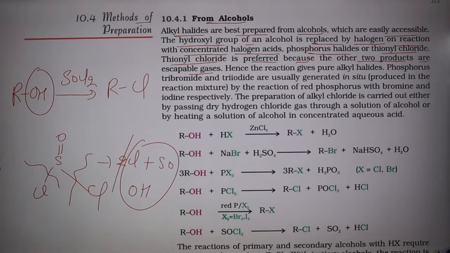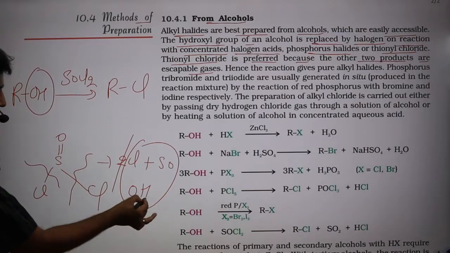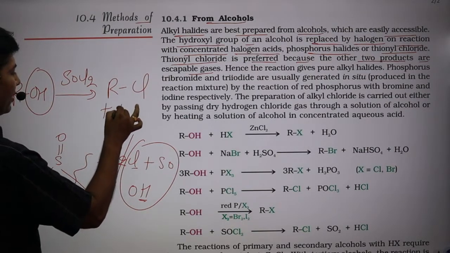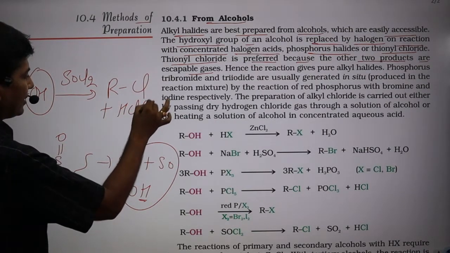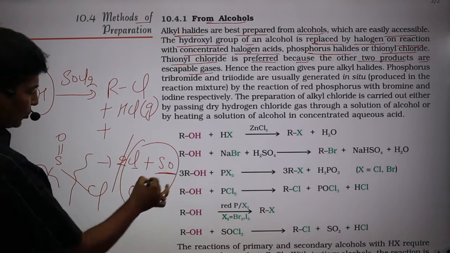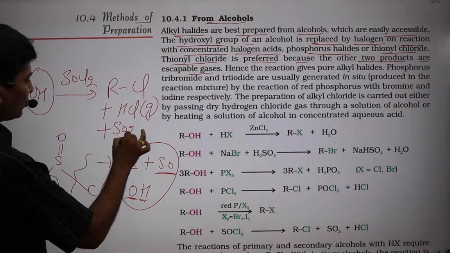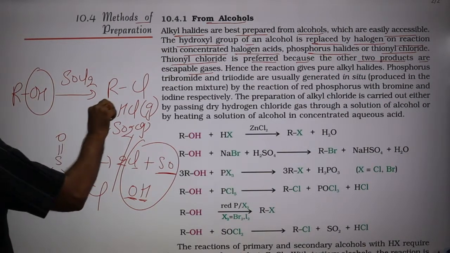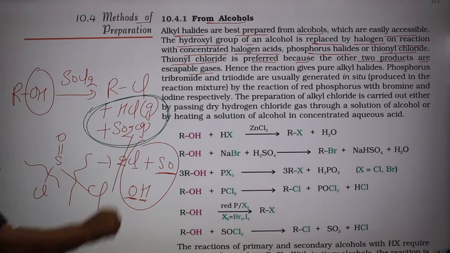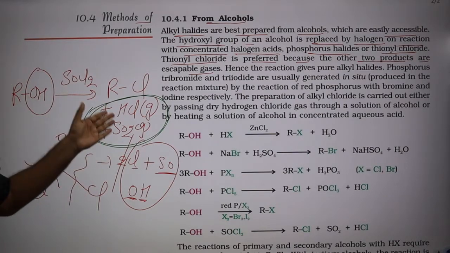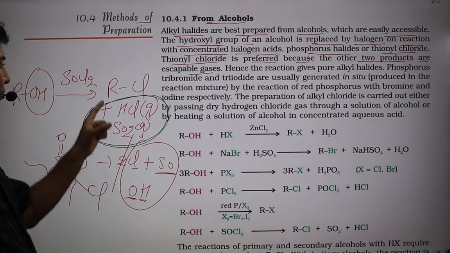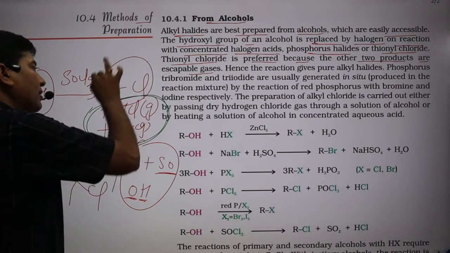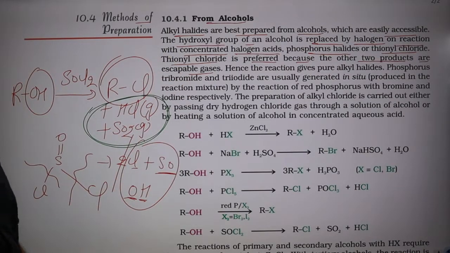So what happens exactly? This hydrogen and this Cl will combine forming HCl. It is a gas. Then SO and oxygen combine forming SO2. This is also a gas. So these two are the escapable gases. Automatically these two gases will escape from the reaction and we get only pure product, alkyl halide.